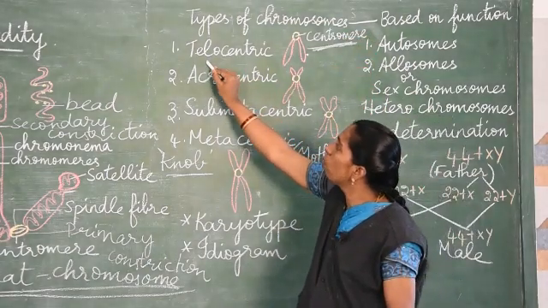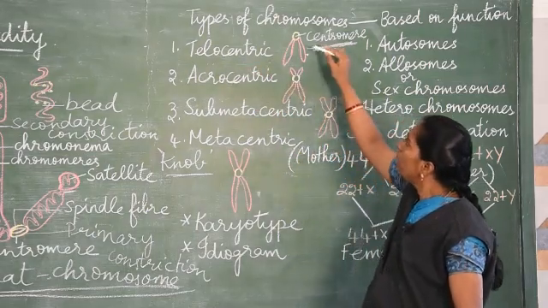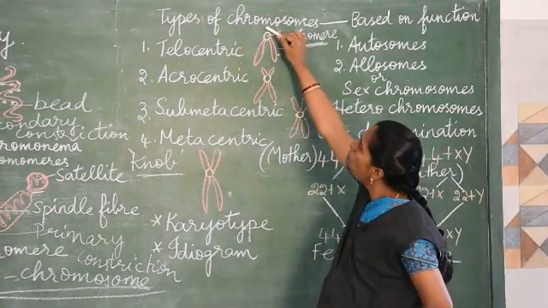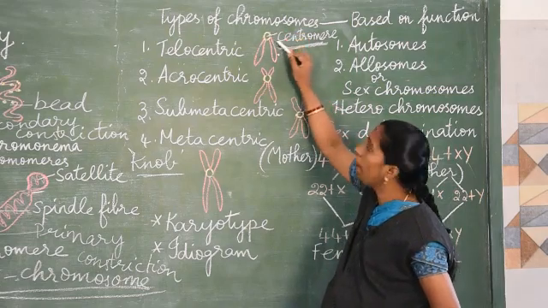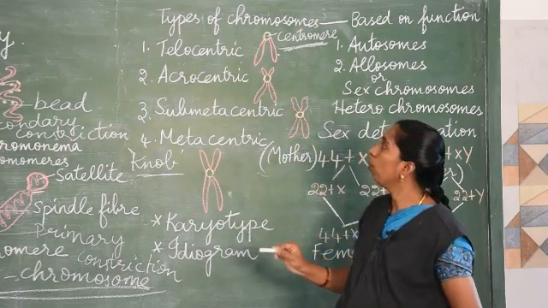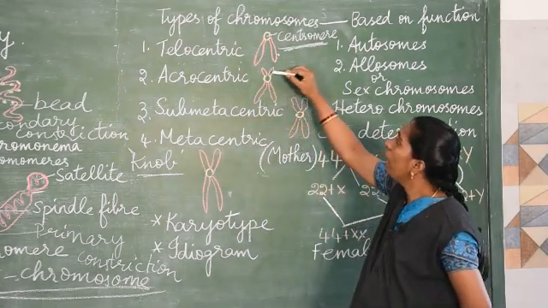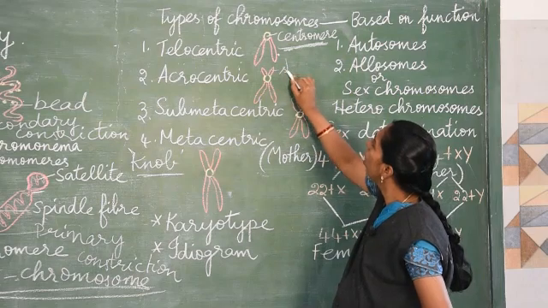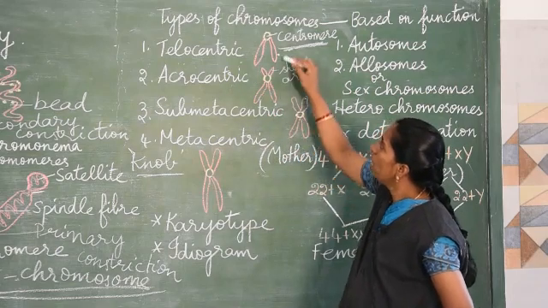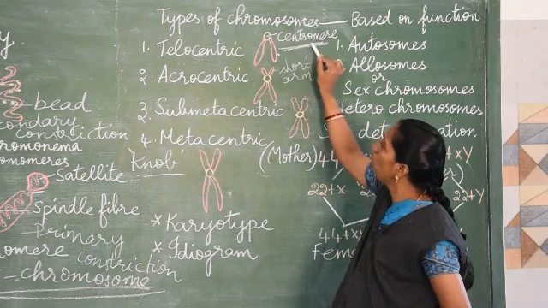The first one is called telocentric. Telocentric means you can see the centromere at the proximal end, and there is no chromosome arm after this centromere. So this is called a telocentric chromosome. The second one is the acrocentric chromosome. In acrocentric, there is a short arm, and here no chromosome is found just above the centromere.